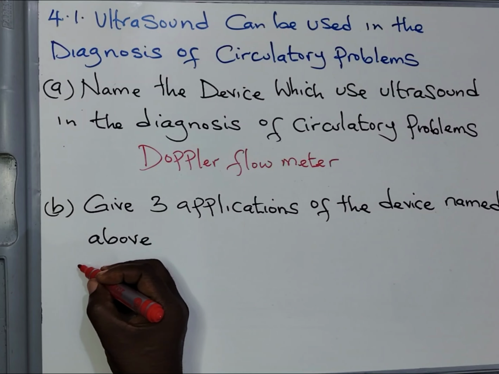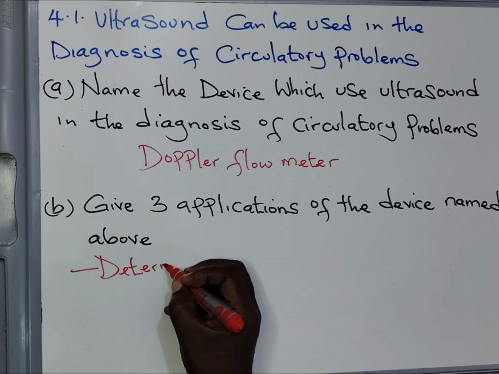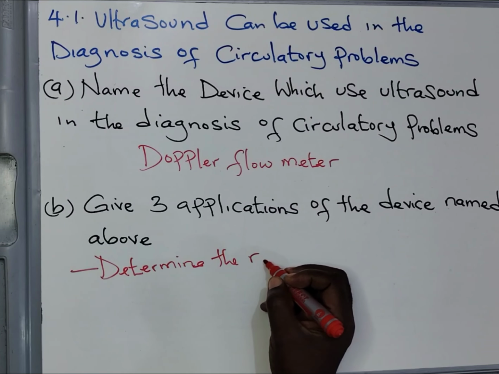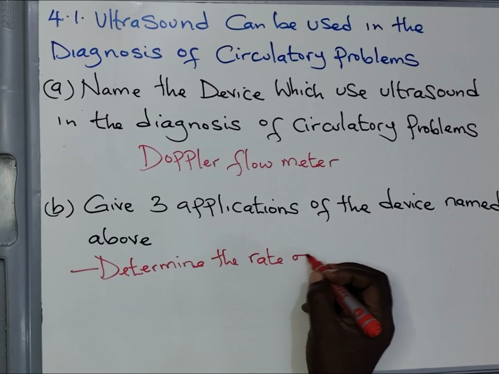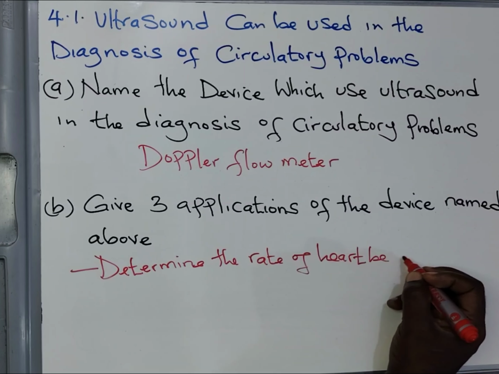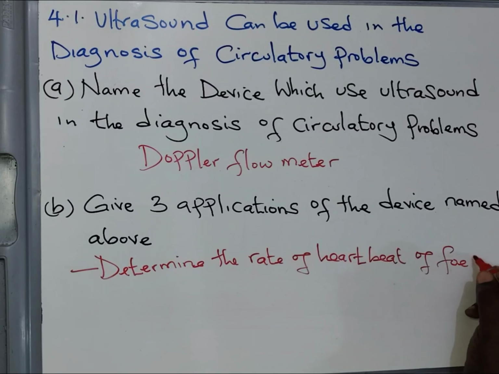The first one is to determine the rate of heartbeat of fetus. Next is to determine the rate of flow of blood.